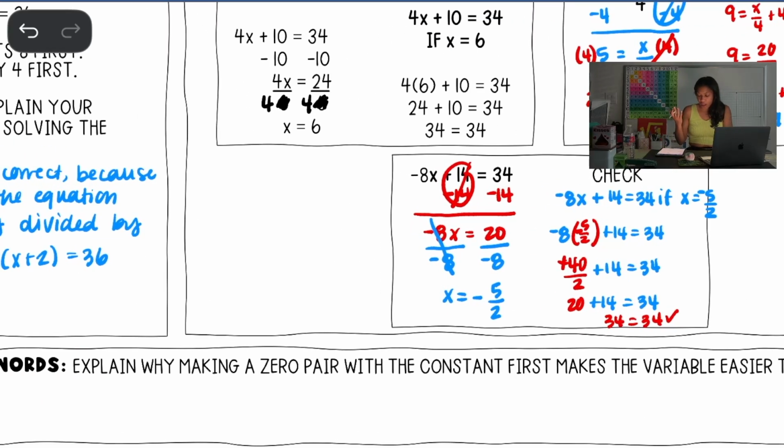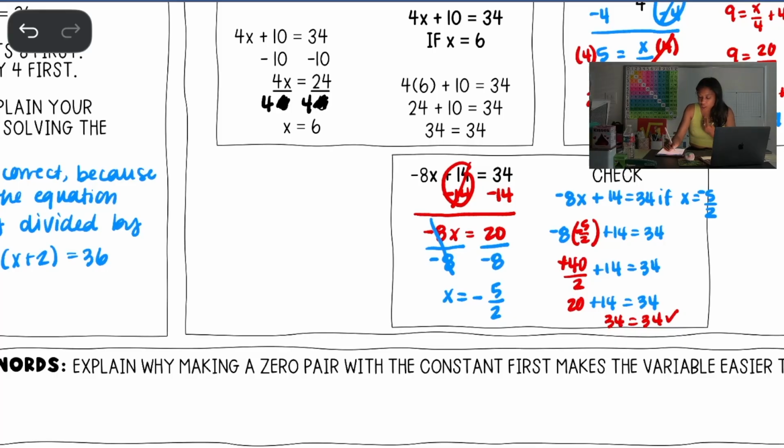Here's kind of what I thought. You want to actually solve the equation. If I just divide by something random or multiply by something random, I can write an equivalent equation, but it doesn't get me toward isolating the variable anymore. So whenever I'm making that zero pair with those constants, I'm actually making it so I only have one more step left to isolate the variable.